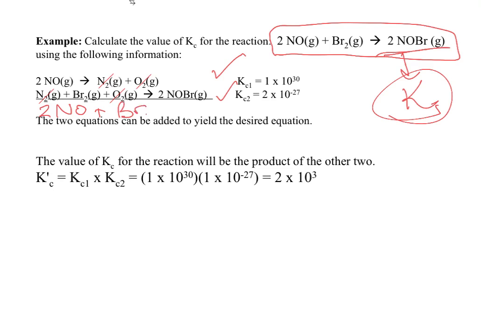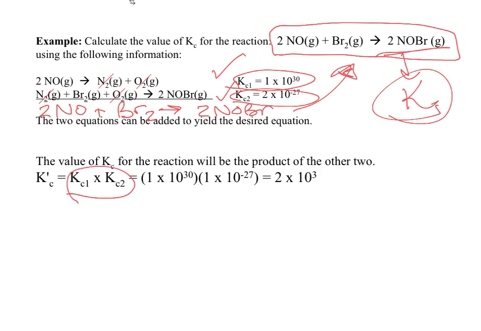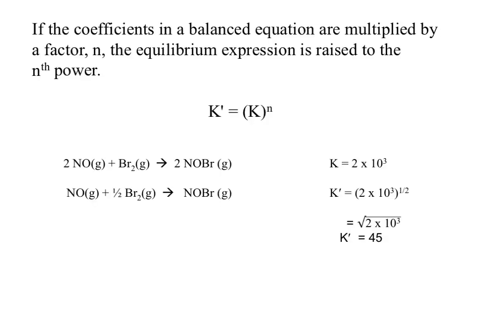After we cross out the intermediates, we end up with the overall reaction we're looking for. Yay. So we can take the published equilibrium values of these reactions we added together and multiply those equilibrium constant values to give us the equilibrium constant for this reaction. That would probably be a multiple choice type question on your next exam.